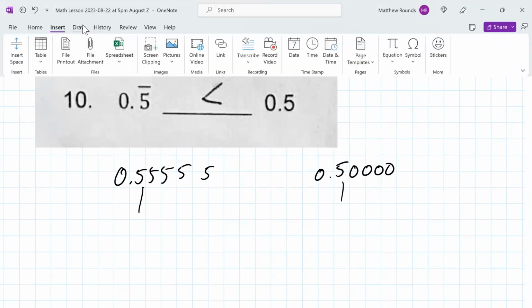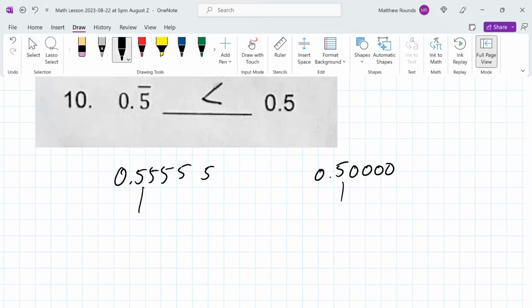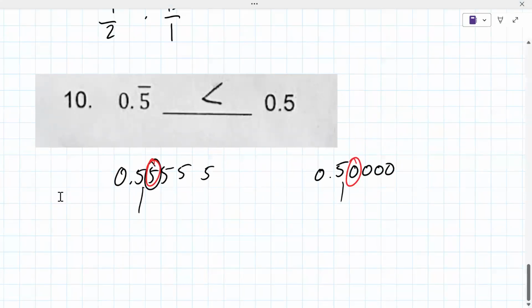No, it's a 5, and you're like, all right, which is bigger? 5 or 0, which is bigger? 5 is larger. Yeah, so it's actually the other direction. Huh, okay. Good to know.